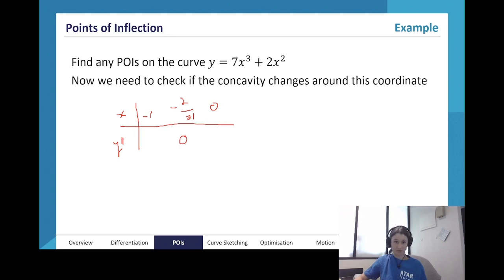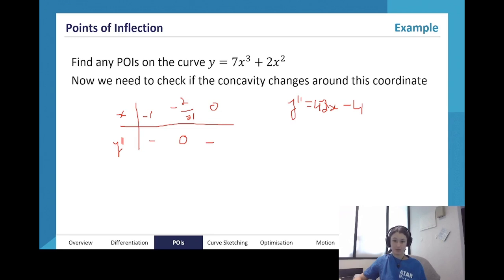Our second derivative, remember, was y double dash equals 42x plus 4. So for negative 1, we have 42 times negative 1 plus 4, and the concavity is going to be negative here.